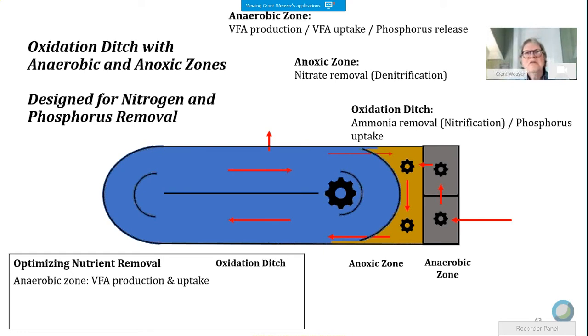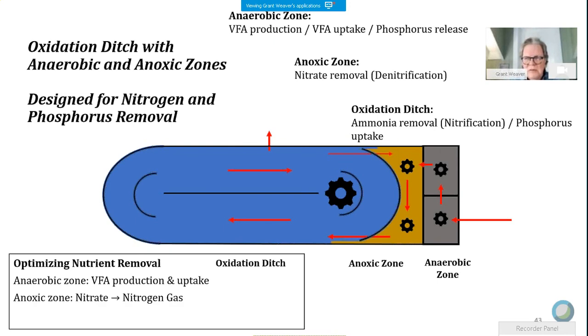You're looking for a nice negative ORP down in your sludge blanket. If the wastewater is skirting over that blanket, then you're going to start trying to divert the wastewater flow down into wherever the settled sludge is. And then you can monitor the performance by seeing the phosphorus release. Is it happening in that zone?